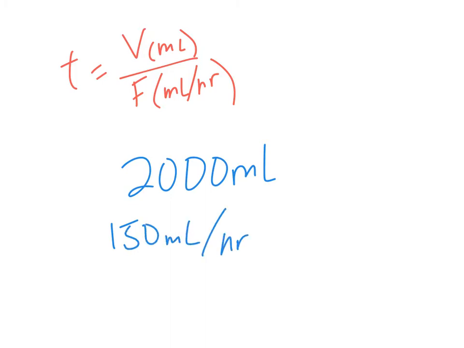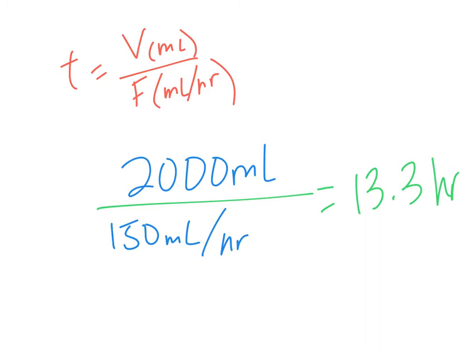Let's see how long this IV should take. We're going to take that total volume and divide it by that flow rate. If you guys have done that, it's going to come out to be 13.3. So that's going to take about 13.3 hours. Now, in terms of time, you guys might be looking at that and saying, what is 13.3? Time is measured in hours and minutes, not decimals.